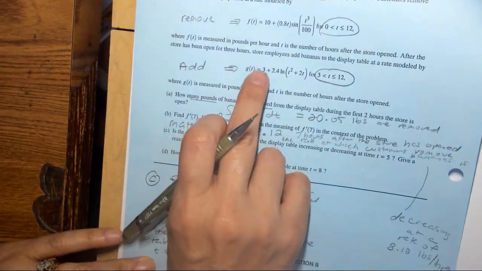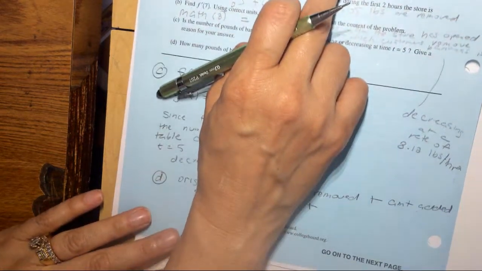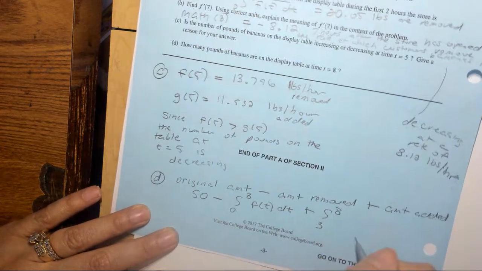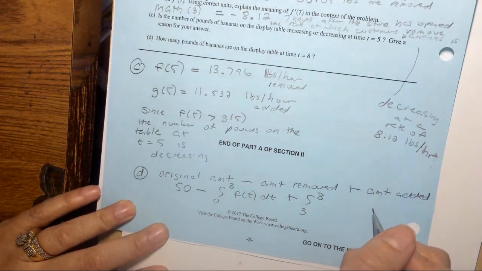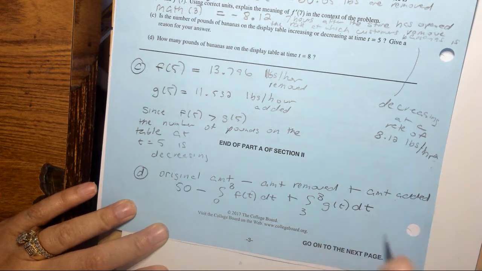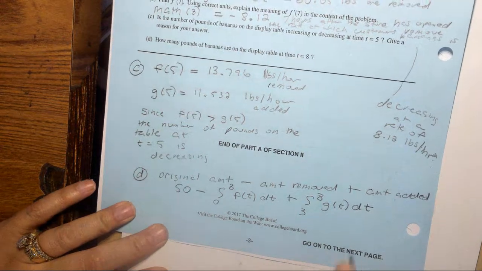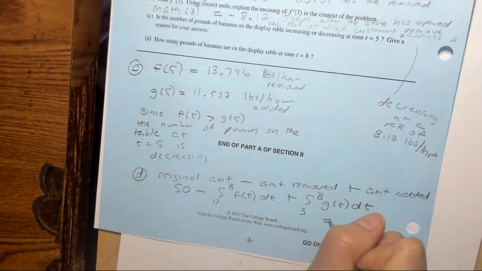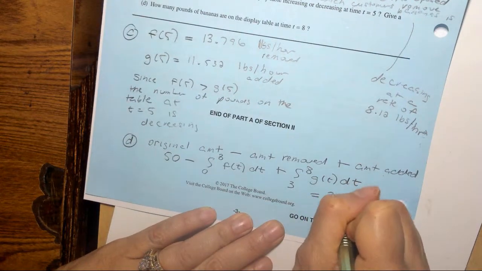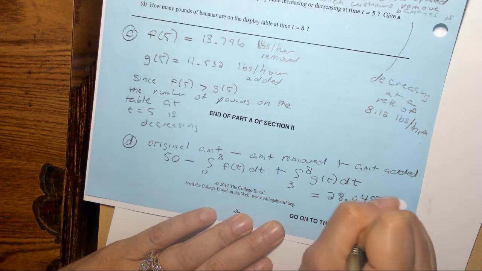They didn't start adding bananas until 3 hours later. So at 0, none were being added, but from 3 to 8, they were adding more pounds of bananas. And you plug this all into your calculator, and that's why I say make sure you practice this, plug it in, make sure you get 28.0495 pounds.